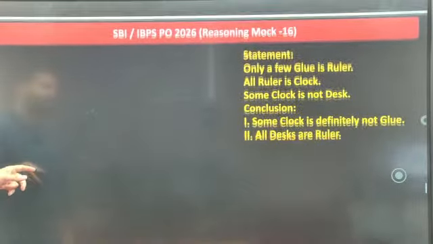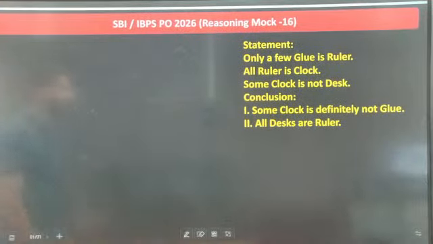One more question, syllogism. Check this out.